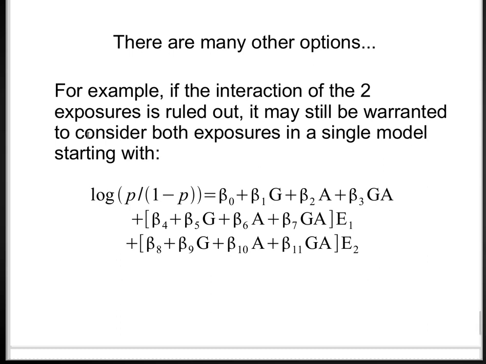In other words, this particular model, although it looks like it would be the kind that would be used for a circumstance in which we are looking at exposure 1 and exposure 2 assumed common, in other words, exposure 1 assumed common to exposure 2 and vice versa, it could have been used for a circumstance in which there is just a single exposure with 3 levels, E0, E1, and E2, where E0 is the baseline, and the regression coefficients here can all be interpreted in terms of differences relative to exposure 0 in this instance.